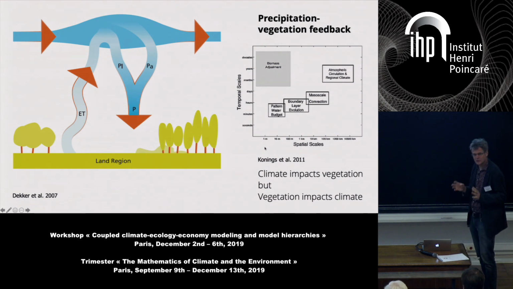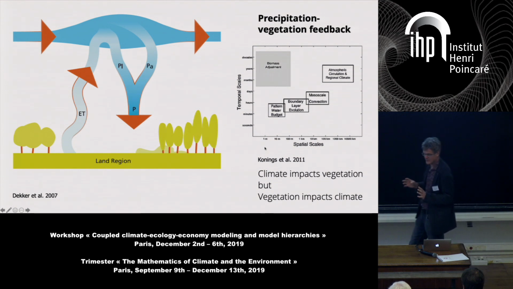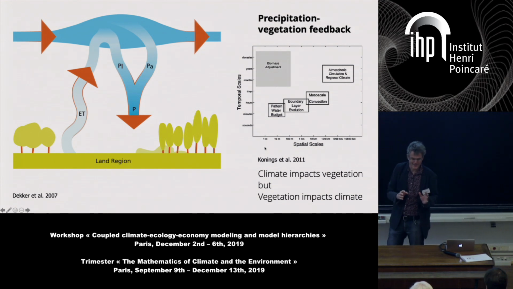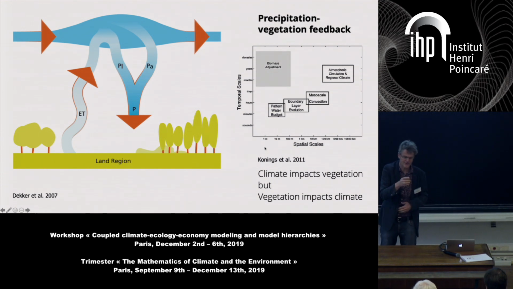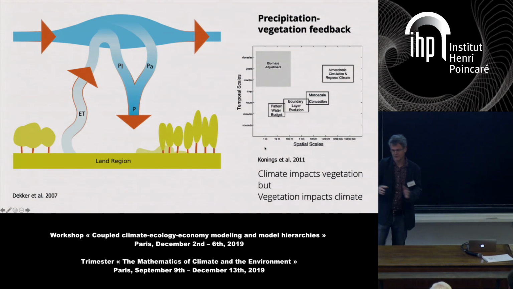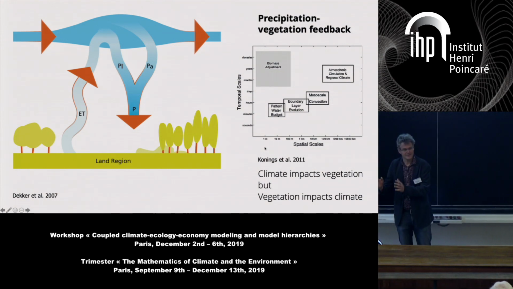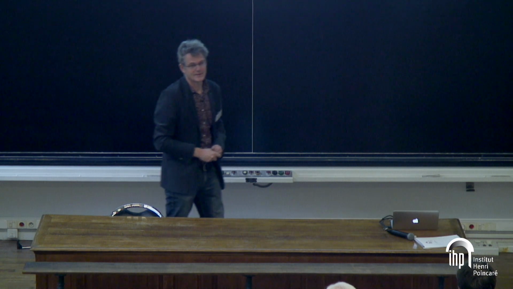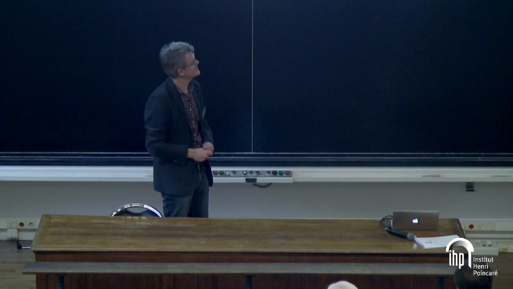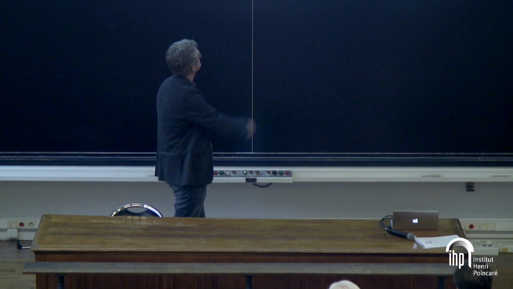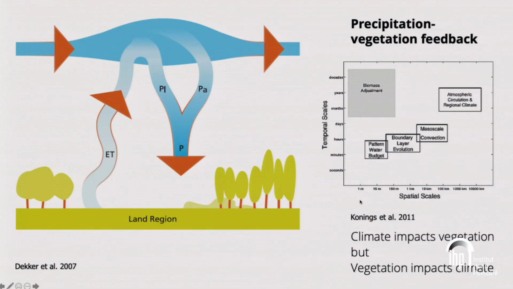But one of the problems we really have is, how can we scale all these small scale processes from Jost to the global circulation phenomena at a regional or continental scale. And that's a bit what we can show here. So we have a spatial scale and a temporal scale.